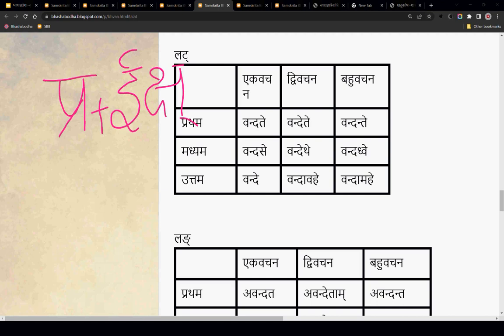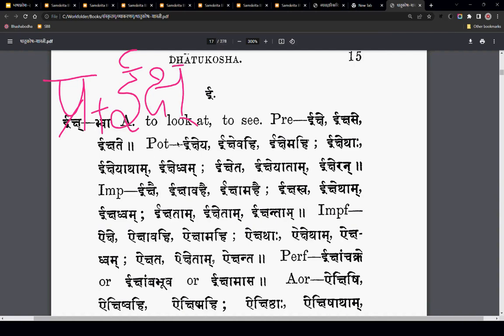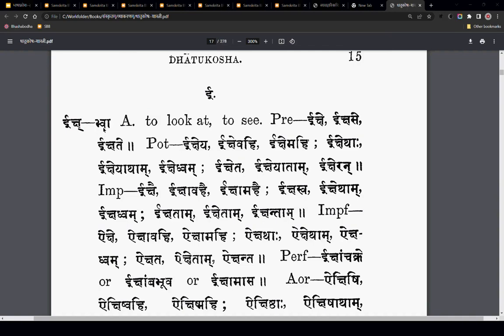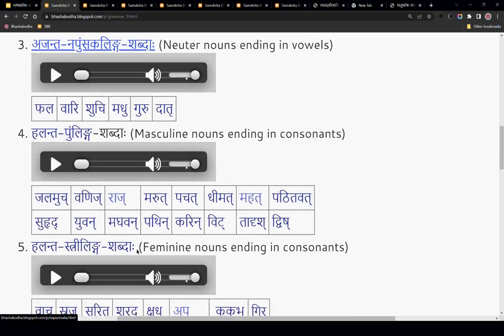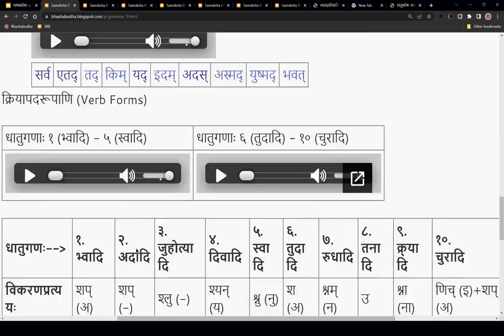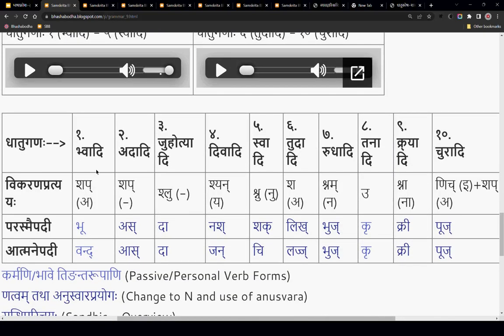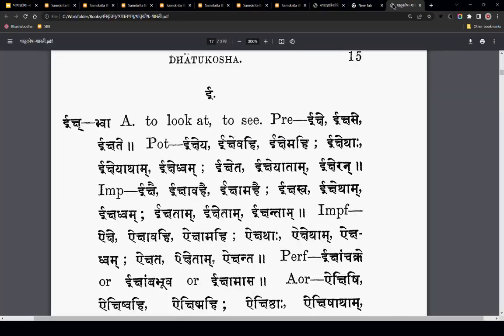Similarly, if you take the iksha dhatu, you can look at any dhatu kosha. Here iksha is right here: Iksha, bhvadigana. Bhvadigana means it falls in the first group, and it is atmanepada, which means it takes the pattern of Vande, as we just saw.